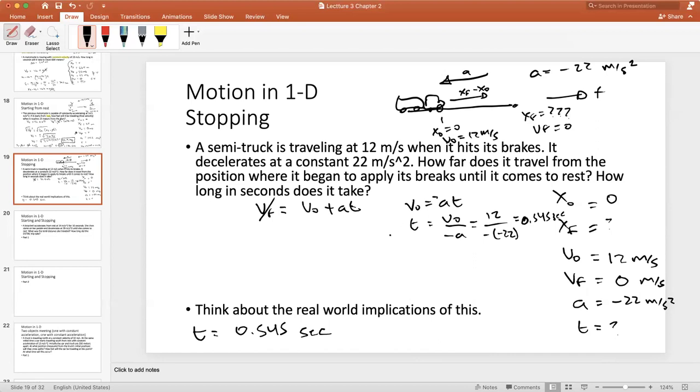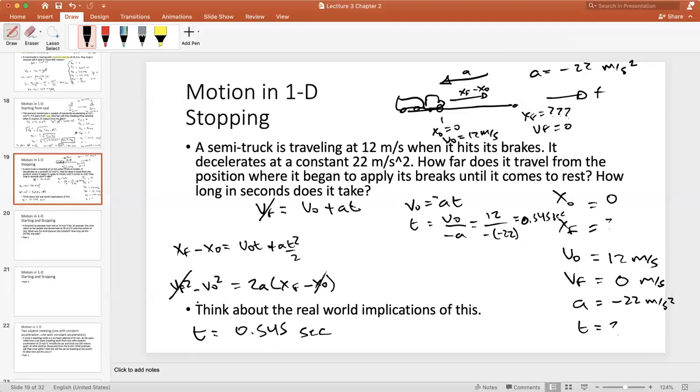Now I want to know what x final is, and I have the time. I have v initial, so I could use x final minus x initial is v initial t plus a t squared over 2. I don't really want to do that though. What I would rather use is v final squared minus v initial squared is 2a times x final minus x initial. I know that's 0. I'm solving this for x final.